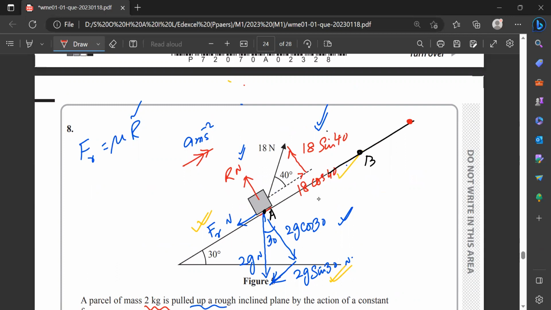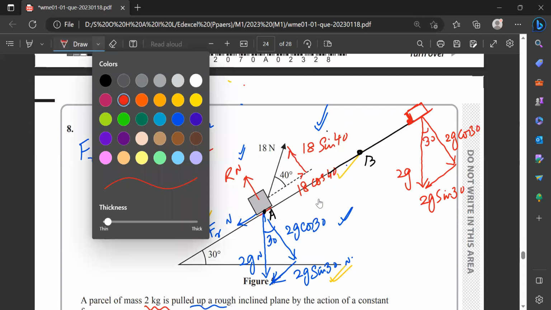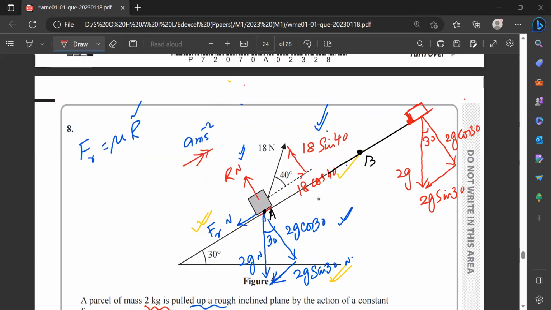The force acting is the weight, which is 2g, and the two components are, as before, 2g sine 30 and 2g cos 30, and the 18 newton force is not there.